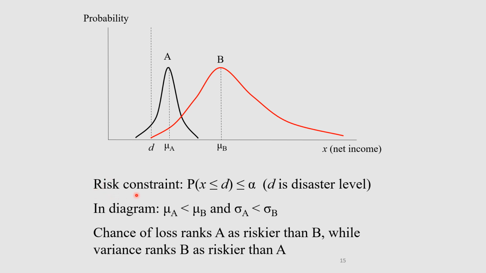Here we have a risk constraint where the probability that X falls below D is some small amount. D is the disaster level.